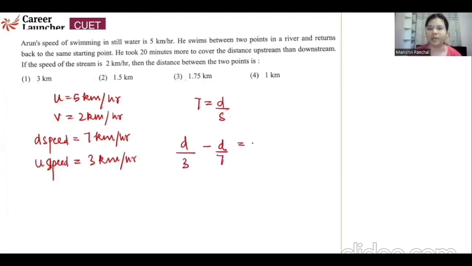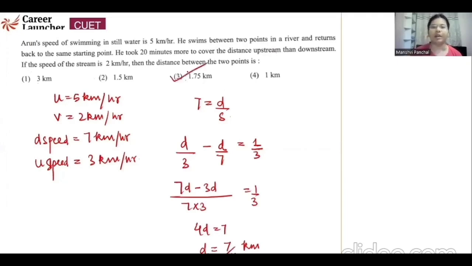So 20 minutes is 20 upon 60. We have to convert it into hours, so 1 by 3. So this will become (7d minus 3d) upon 7 into 3 is equal to 1 by 3. It means 4d is equal to 7. So d will be equal to 7 by 4 kilometers. Now what is 7 by 4 kilometers? It is 1.75 kilometers, right?